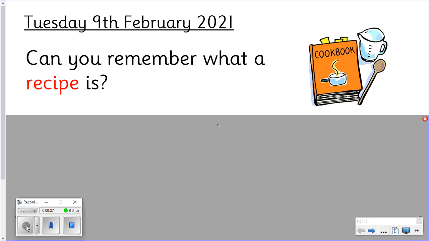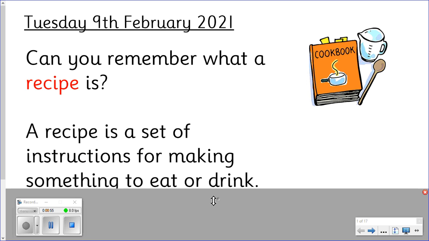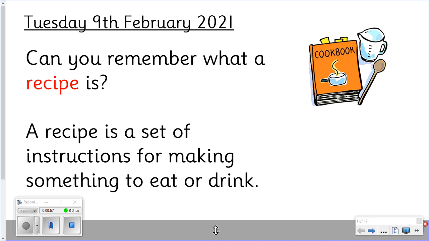So today in our English, we're going to move on and we're going to do some writing linked into your soup making. So I want you to think about what a recipe is. We've talked about recipes. So can you remember what a recipe is? Let's have a look and see. So a recipe is a set of instructions for making something to eat or drink.